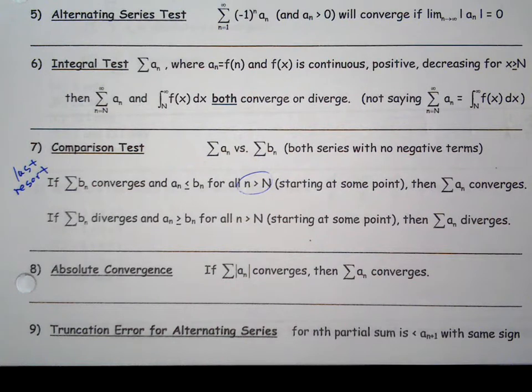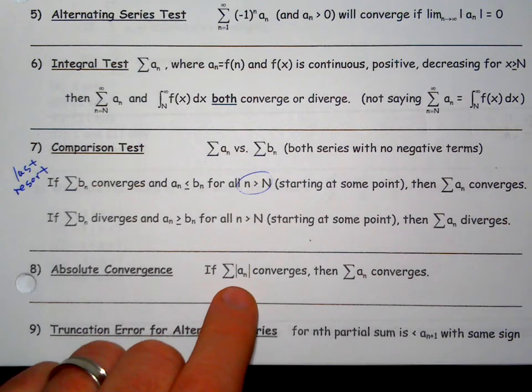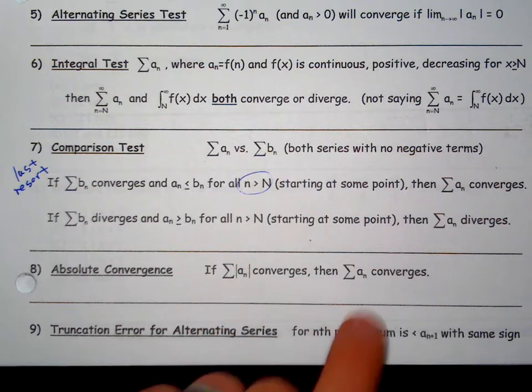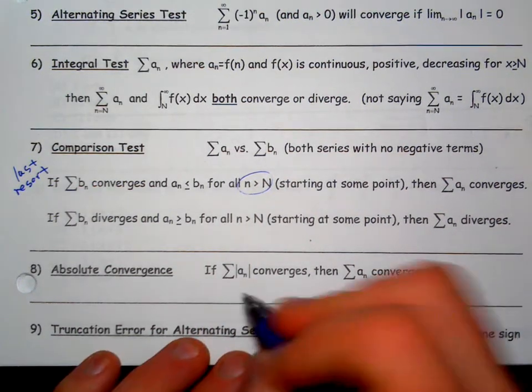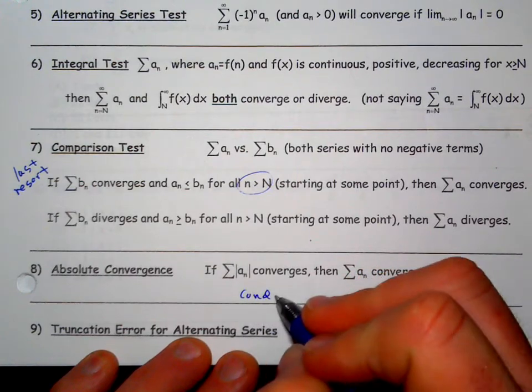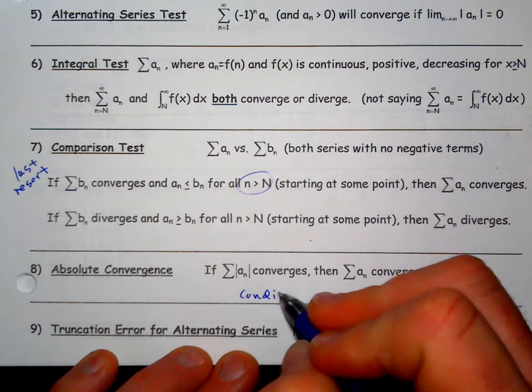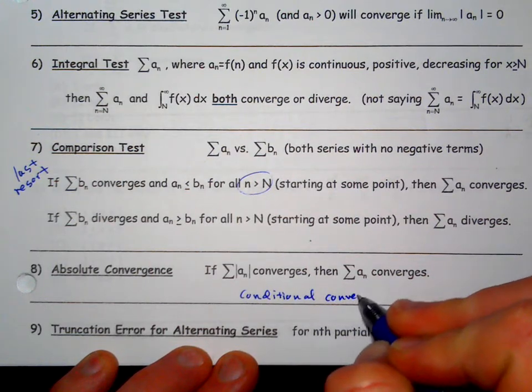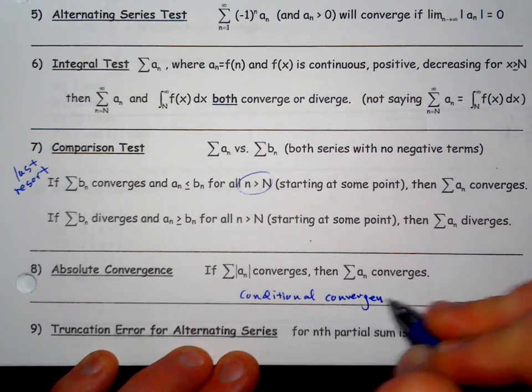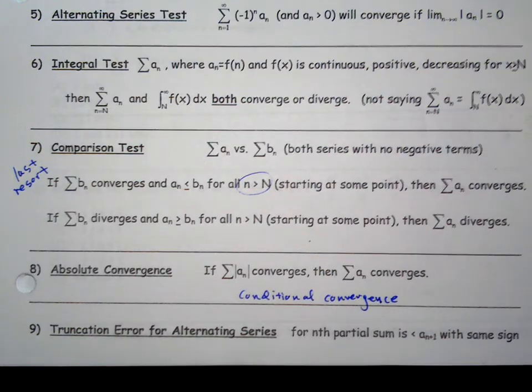If you force them all to be positive and it diverges, but the original one still converges, we call that converges conditionally, conditional convergence. So when it doesn't converge absolutely, but it still converges.